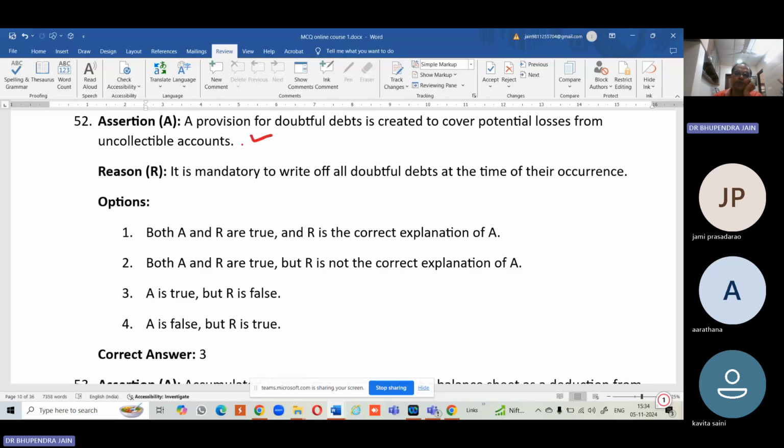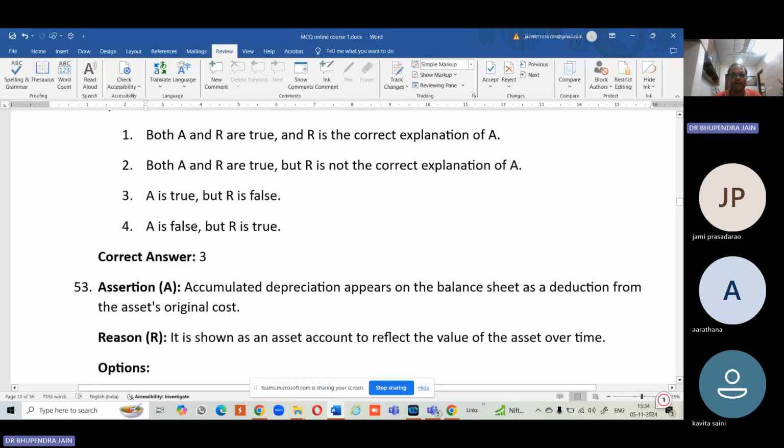So this is true. But we will discuss the provision for doubtful debt better in the next class. We will leave it for now.